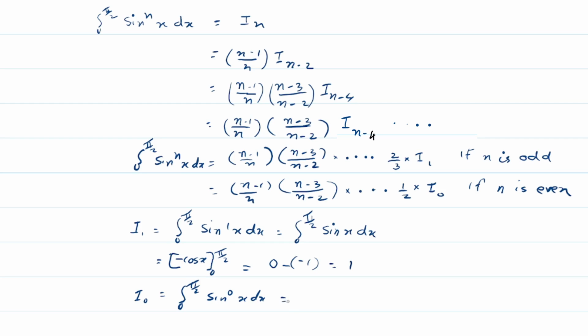You know, any number raised to 0 is 1. So integral 0 to pi by 2 of 1 dx, that is equal to the integral of 1, which is x, from 0 to pi by 2. So the value is pi by 2. So I0 is equal to pi by 2. Now we will go to the next page.